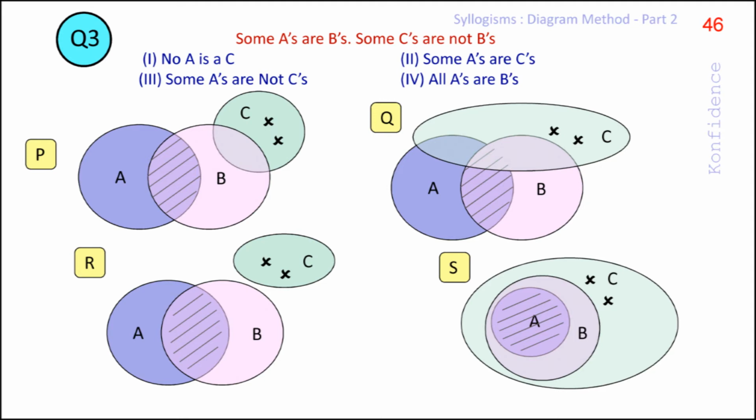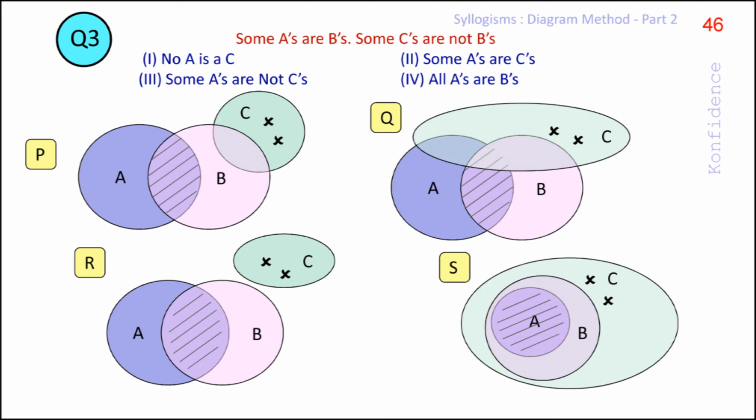Now conclusion 4. All A's are B's. Here, there is no need of looking at premise 2 itself because the given conclusion is between A and B. This relation's validity can be checked by looking at premise 1 alone, which relates A and B. That premise says some A's are B's.